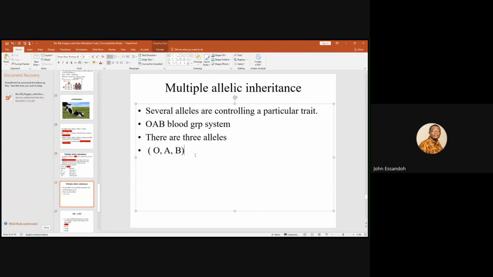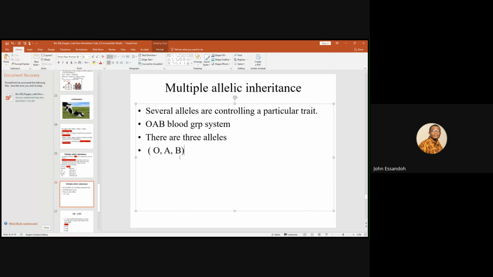According to Mendel, this shouldn't be the case. According to Mendel, a trait should have only two alleles controlling it. So if you have more than two alleles, it means it is violating Mendelian genetics.